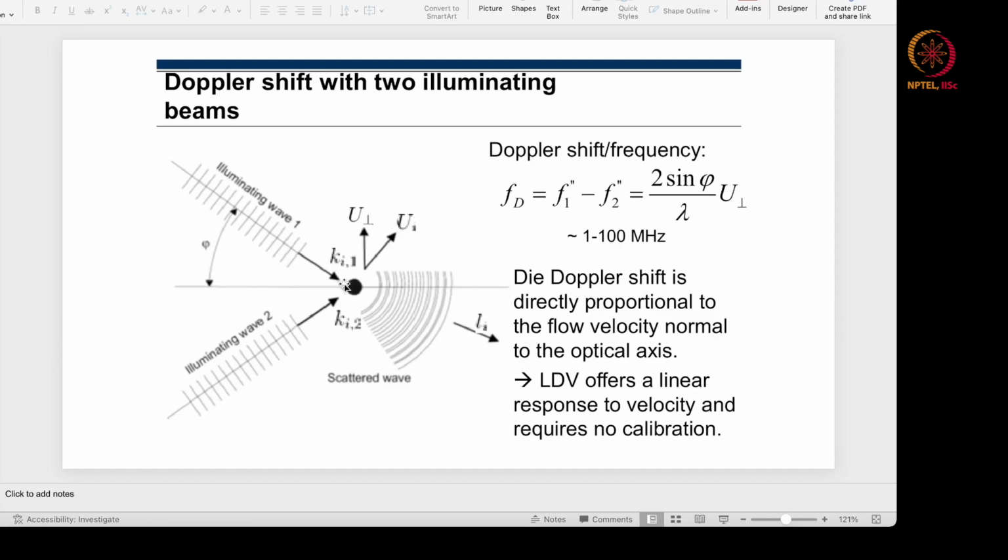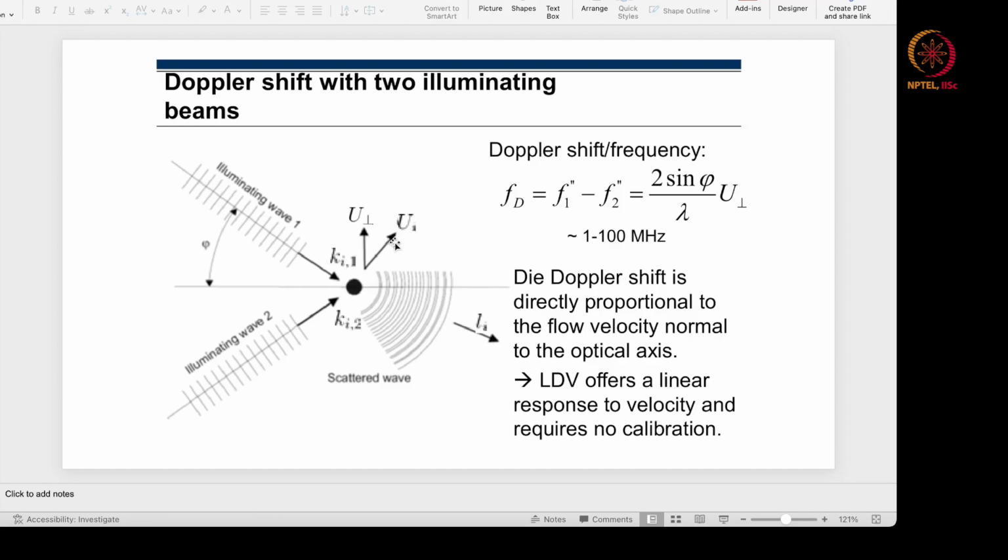So what you have over here is now two directions, Ki1 and Ki2. These are coming from two different directions at you. And this is the particle concerned. Then there is the photodetector, which measures the scattered wave emitted by this particular particle.